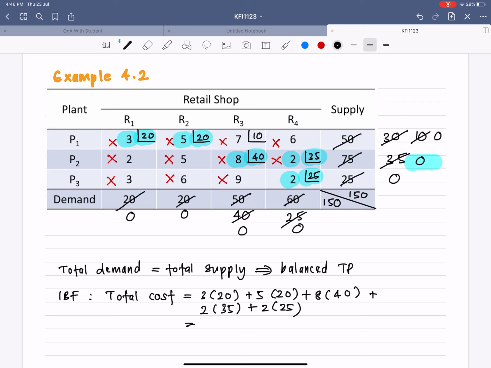Oh, I missed one more, this one, sorry, 7 times 10. So we should have 7 times 10 plus 8 times 40, and therefore the answer will be RM 670. All right, so that's all. Bye-bye.